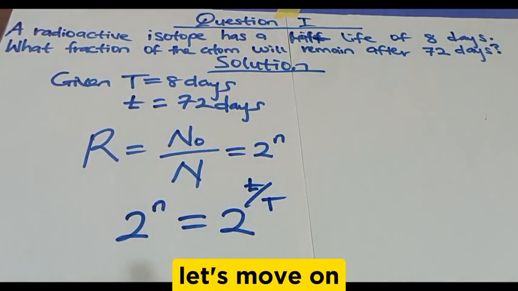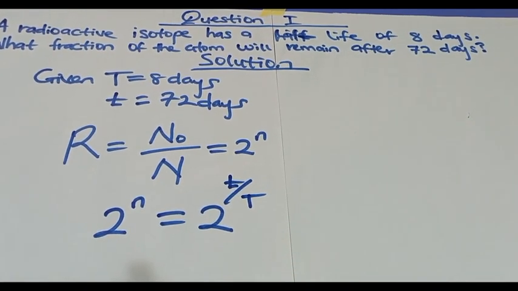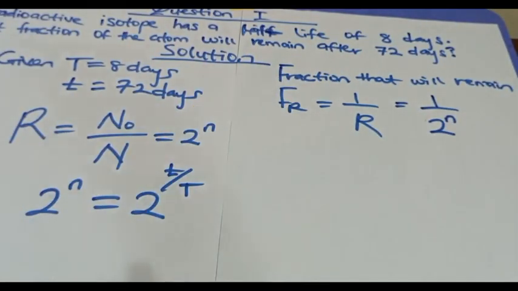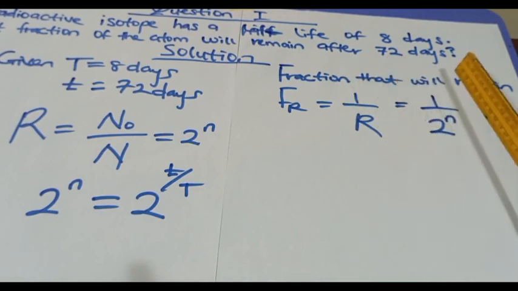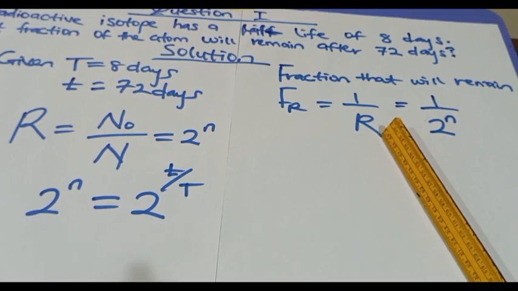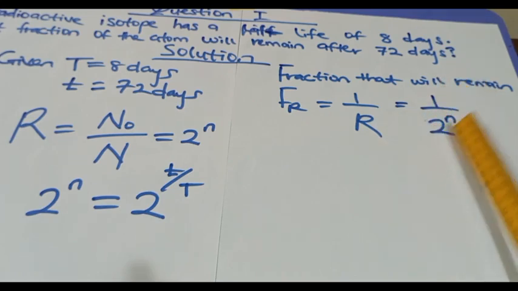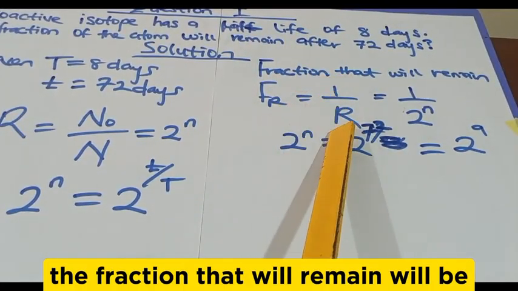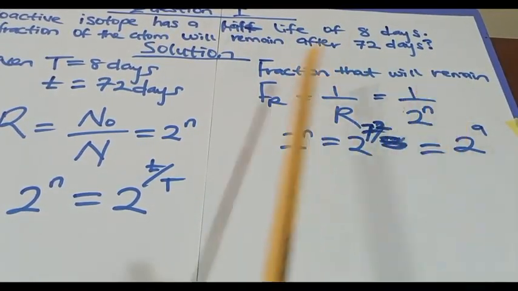So let's move on and solve for what fraction of the atom will remain after 72 days. The fraction that will remain will be 1 over R, which is 1 over 2 raised to power n.